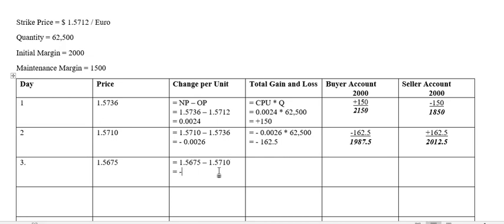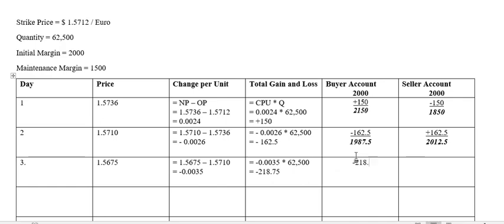So the difference will once again be minus 0.0035. The change per unit 0.0035 multiplied by the quantity 62,500 becomes minus $218.75 change.